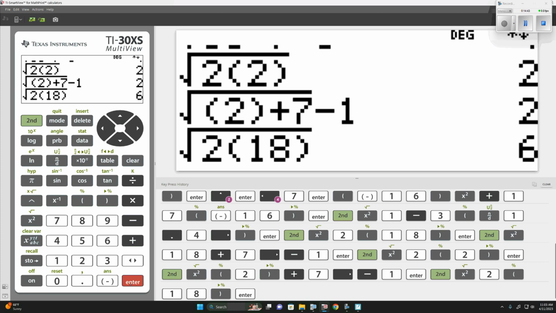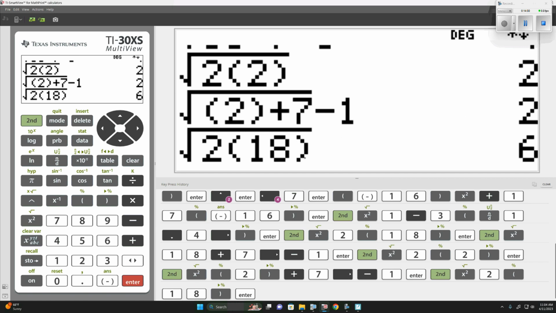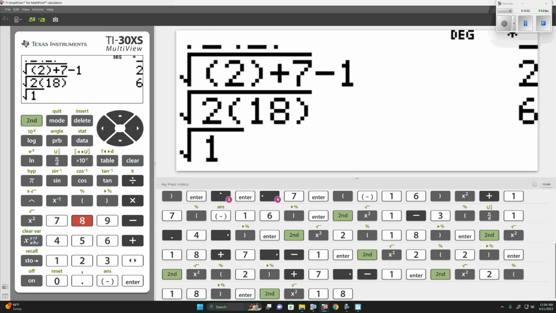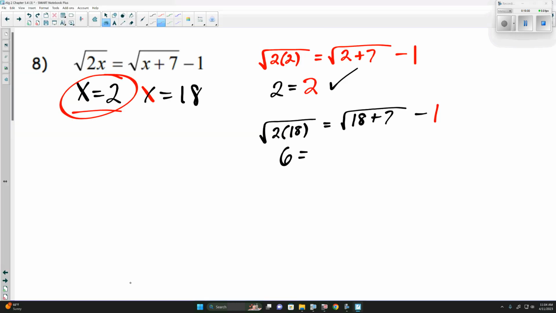Square root of 2 times 18 gives us 6. So the left-hand side of this is 6. We can do the same thing with the right. Square root of 18 plus 7, minus 1, is 4. Those are not the same, so it tells us that x equals 18 is not the correct solution. So the only one that is correct is x equals 2.